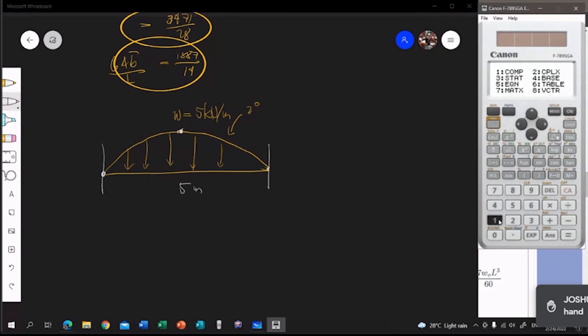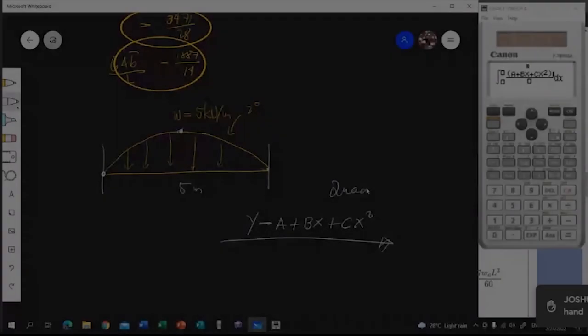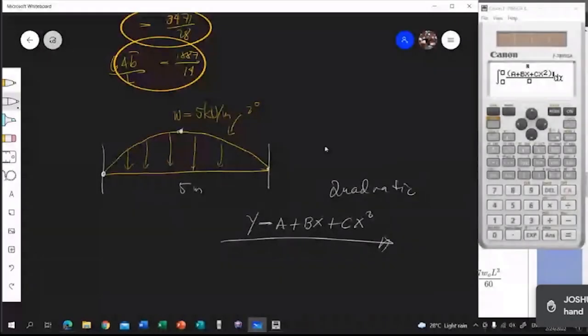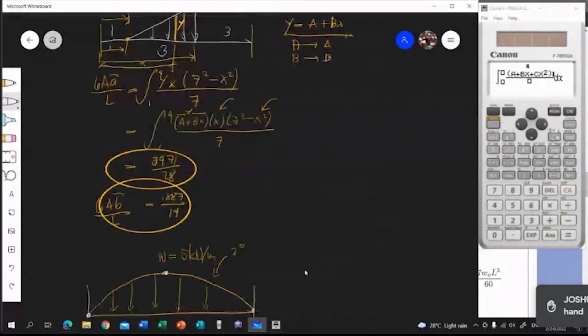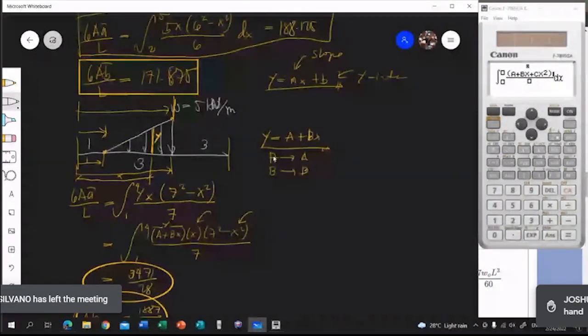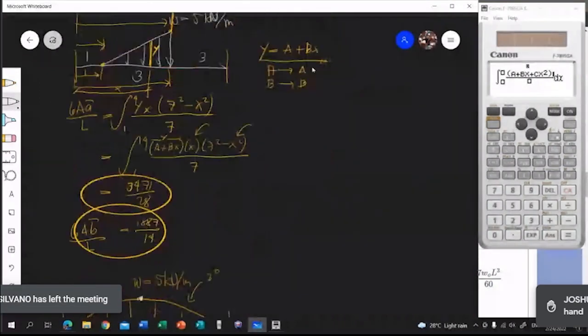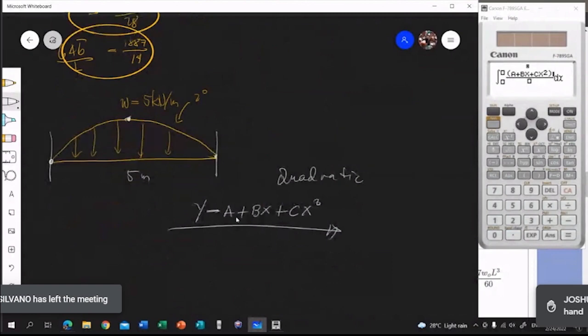Go back to Mode 1, integral of a plus bx plus cx squared. Earlier it was linear, y equals a plus bx. Now quadratic, y equals a plus bx plus cx squared.